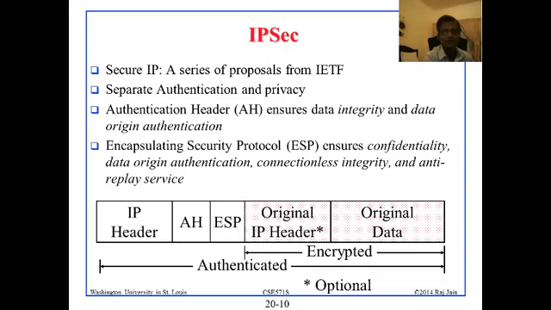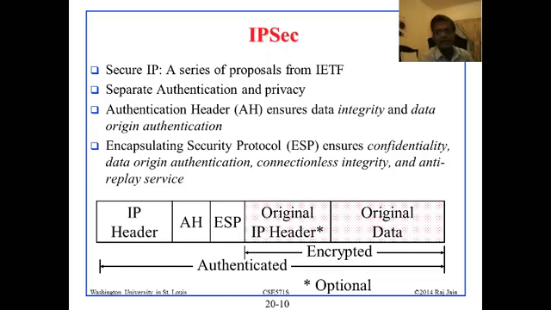ESP includes data origin authentication, integrity, and confidentiality, which means encryption, and then it has anti-replay and other things. Depending upon how much security you want, you select one or the other. In fact, you could do both, as we'll see later on.